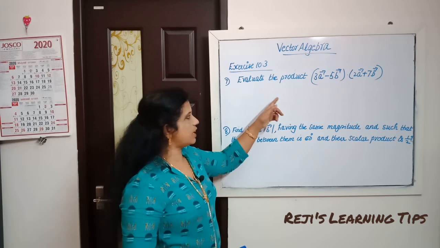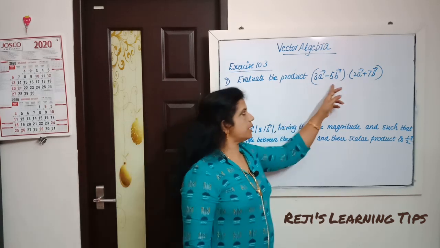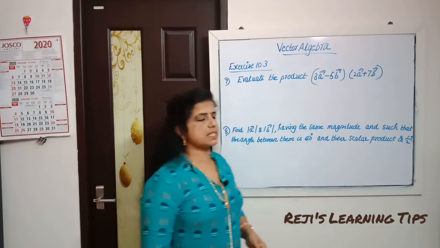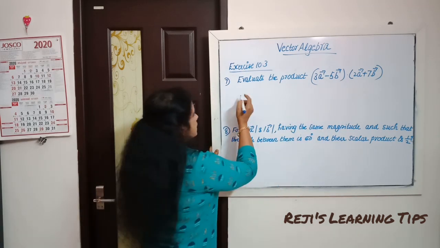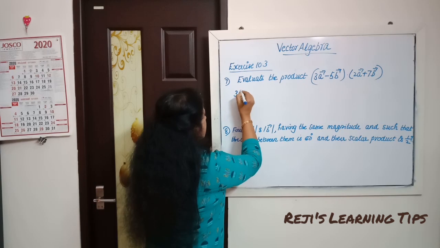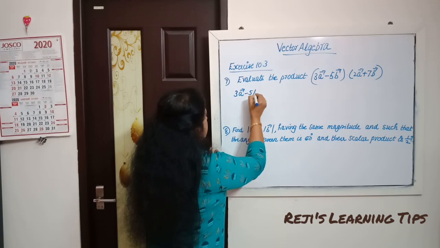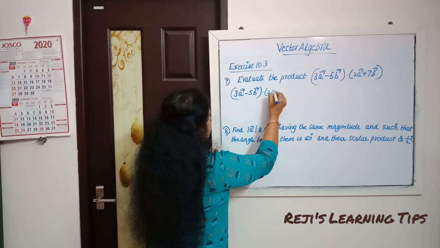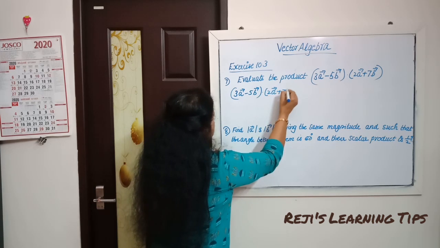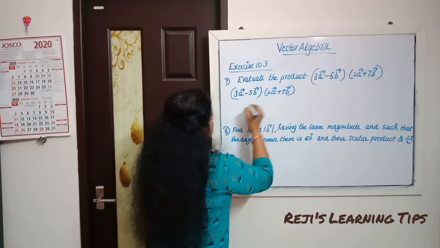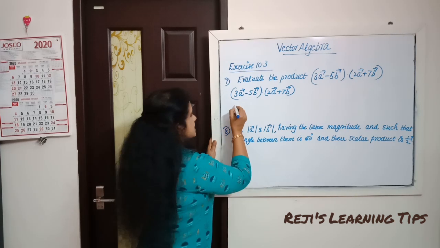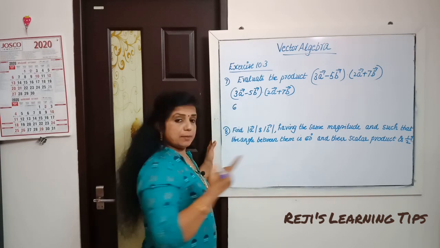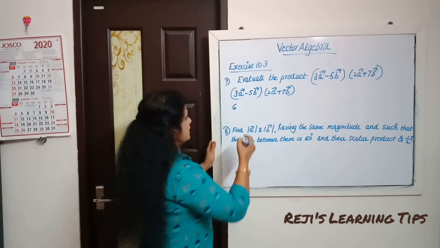Seventh question: evaluate the product (3A minus 5B) dot (2A plus 7B). 3 into 2 is 6, A dot A means modulus of A square.